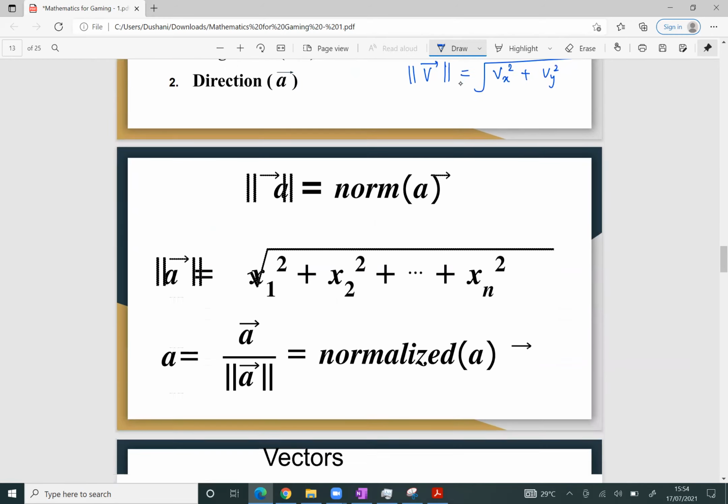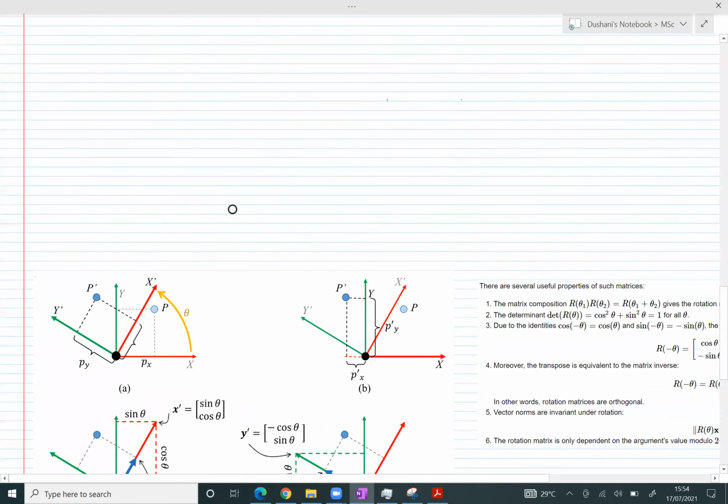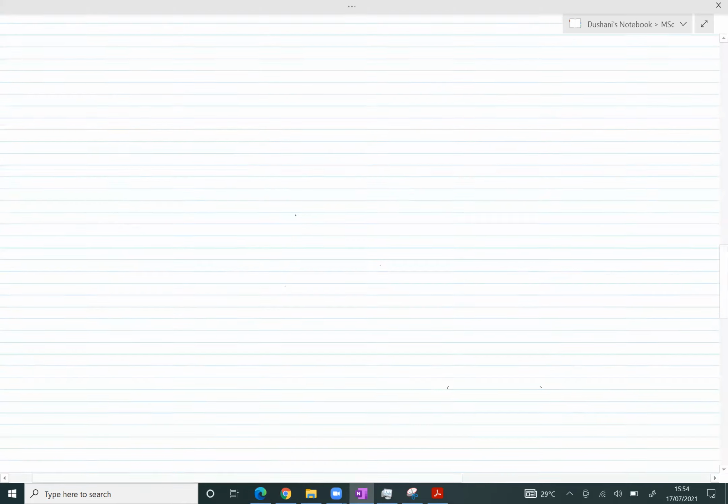And then when we talk about vector normalization, normalizing refers to the process of making something standard or normal. In the case of vectors, let's assume for the moment that a standard vector has a length of 1.